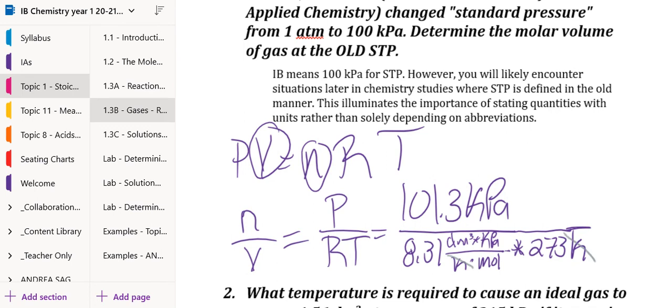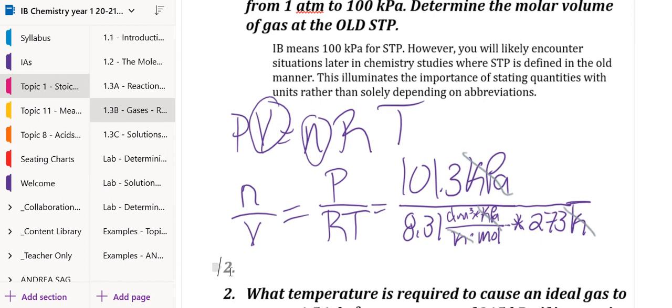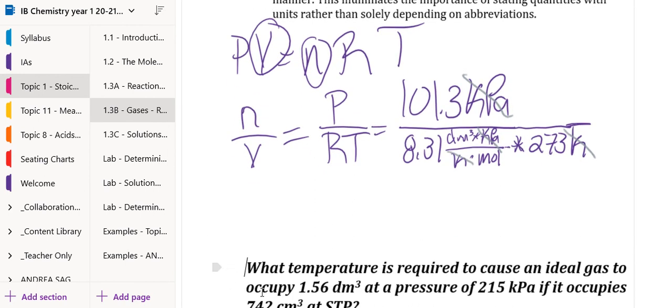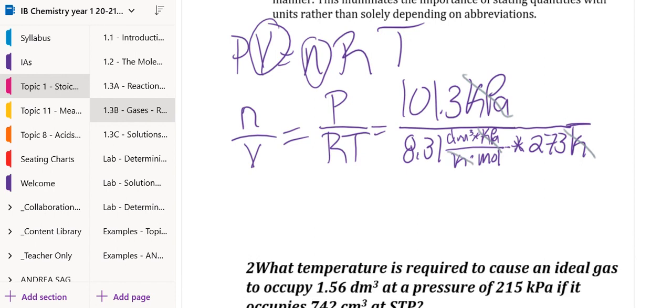Yes. What about kilopascals? What didn't cancel out? The moles and the decimeters cubed. And those are in the denominator. So how would I write them in the numerator? Okay. So what will the unit be?